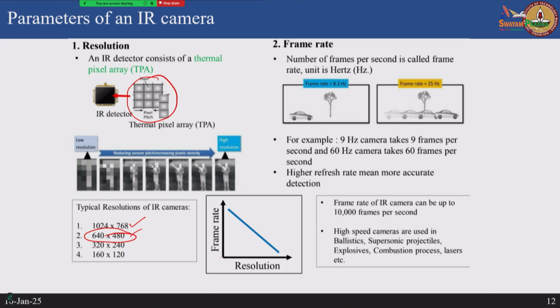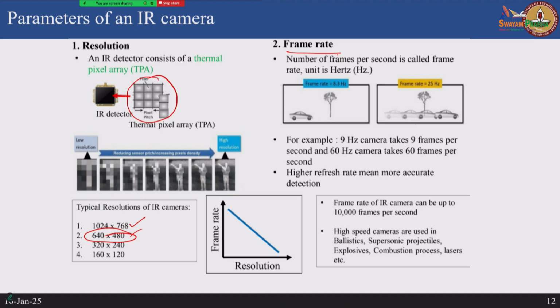And the second important parameter is the frame rate. So, how many frames you want to take in a given second. It depends on what you are basically imaging. If you are imaging a very high speed event, you want to take as many frames as possible, maybe 1000 frames in a given second to capture the sequence of events very accurately, and you want to report a very high time accurate analysis of this fast transient data.